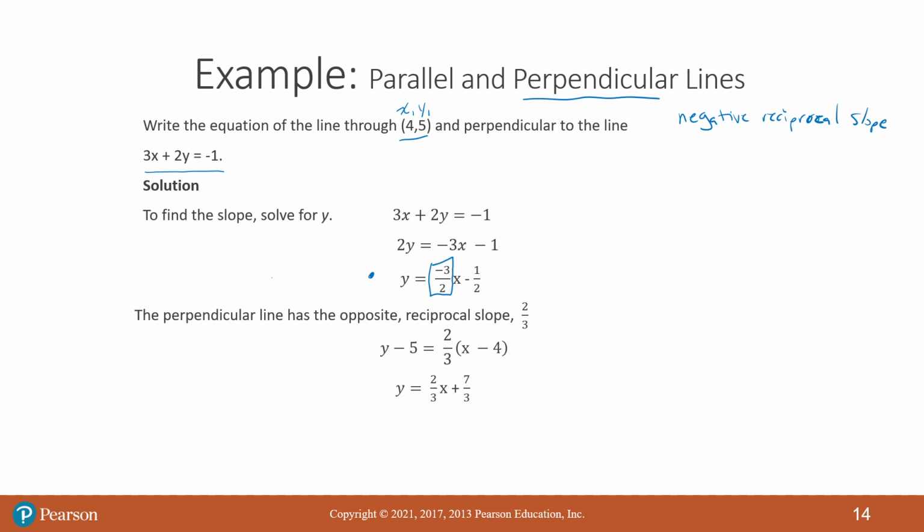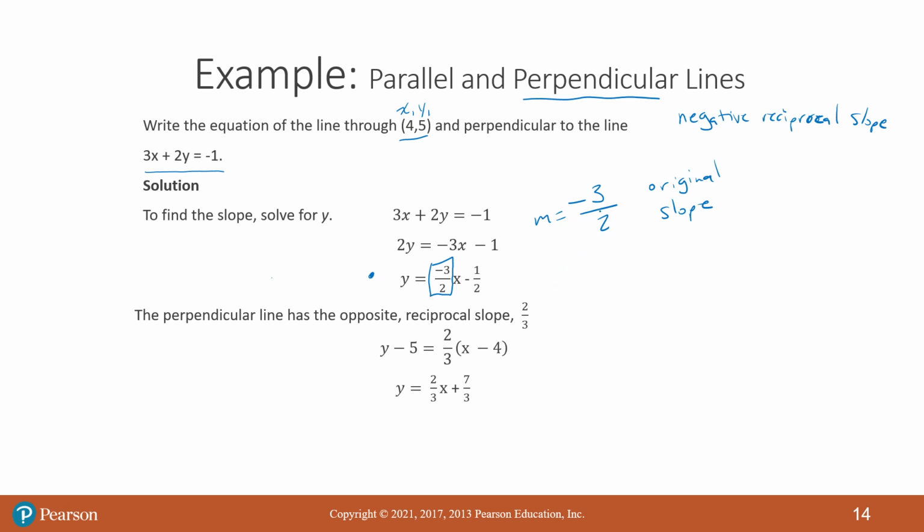So, this line needs to not be parallel, it needs to be perpendicular. Like I said, that means it needs the negative reciprocal slope. That means we need to take negative 3 halves, which is the original slope, and take the negative reciprocal of it.